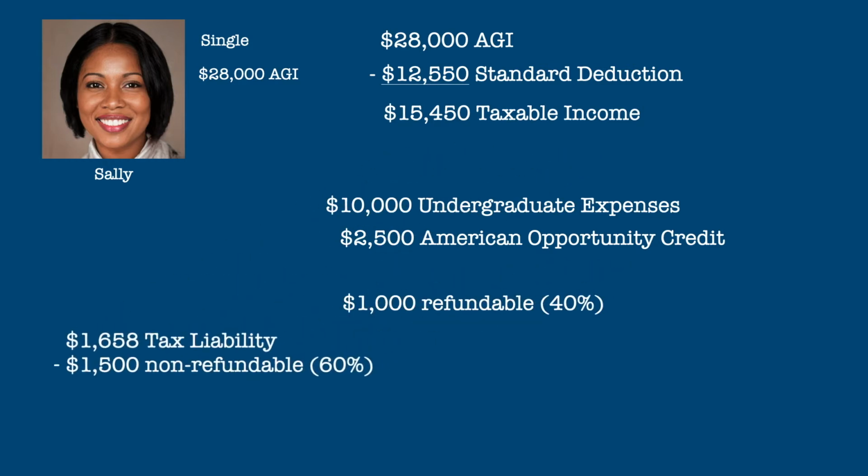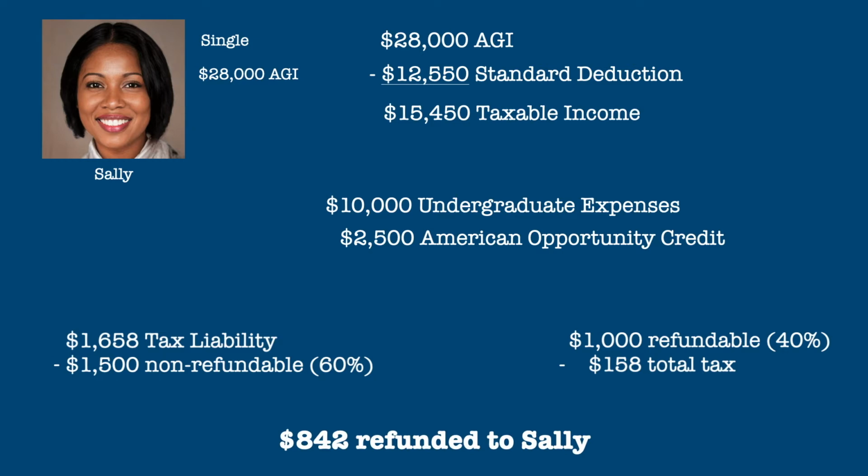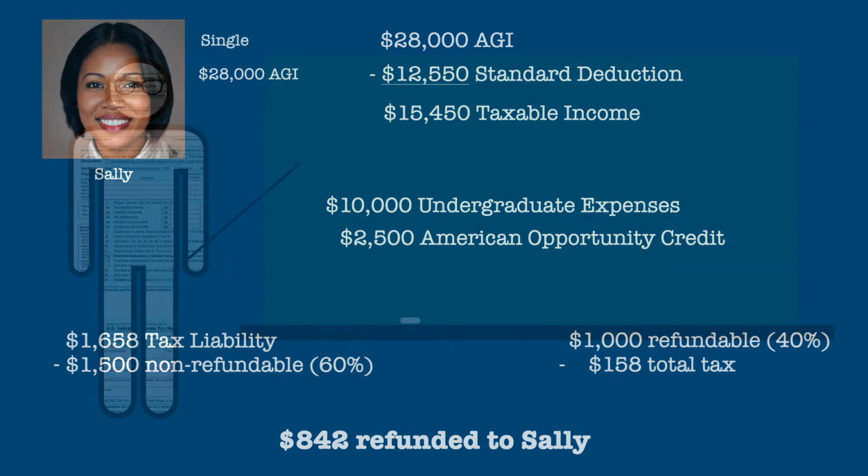In this case, 60% of the credit, or $1,500, would be applied to her tax liability, reducing it to $158. Of the remaining 40%, or $1,000, $158 of that credit would reduce Sally's total tax to zero, and the remaining $842 would act as a payment and increase her refund by that amount.